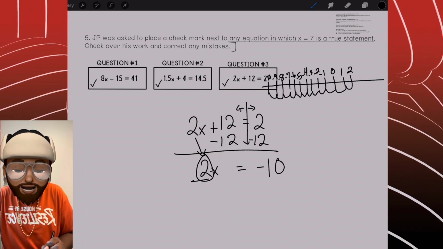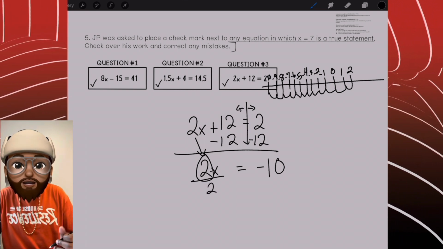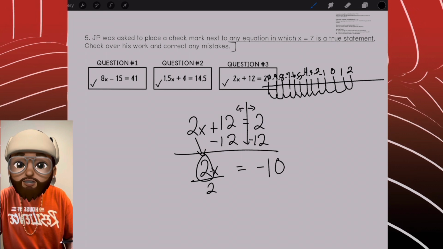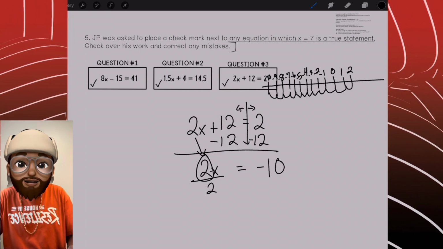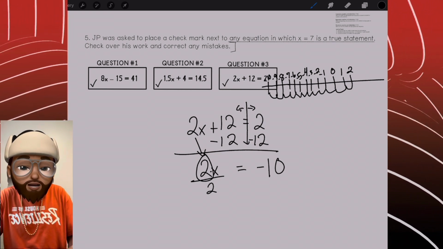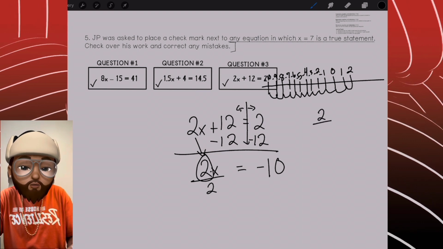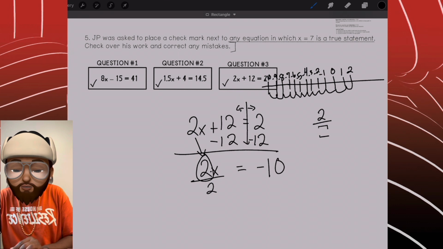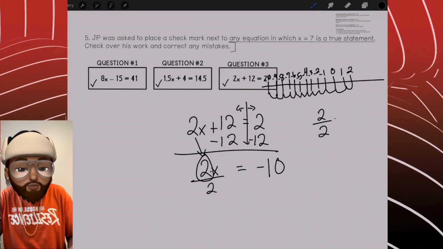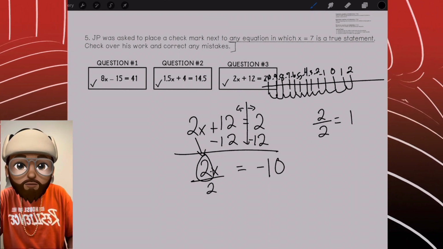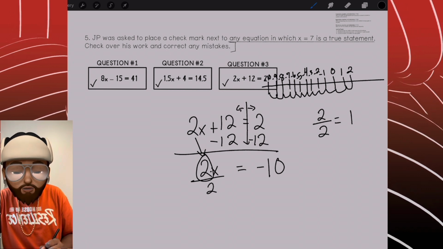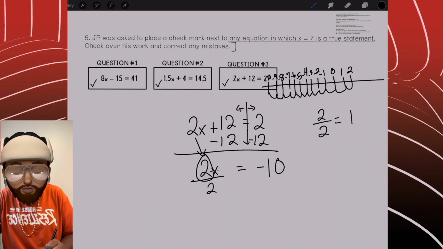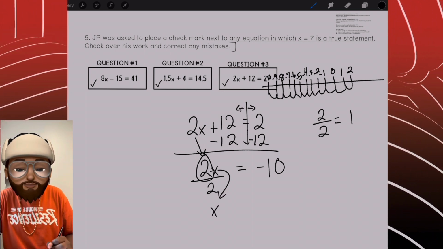And we need to divide by the coefficient. Just like we said in the last 2 examples, if we divide by the coefficient, then it will be coefficient, which is 2, over the same number, which is 2. 2 over 2 will give us, or equal out to, 1. Therefore, we will have 1x, or just x.